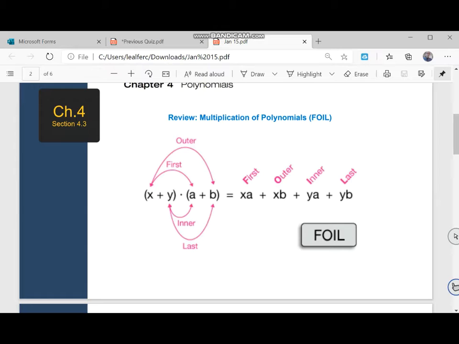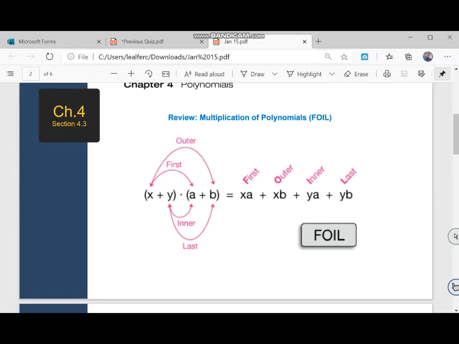Let me know right now if you have anything that you want to ask about the FOIL method. Anything at all. We worked on it and practiced yesterday, and today we have a different thing to work on. We're not going to work on the FOIL method today. Yes, if you look at the quiz, you're going to say, but I can work using the FOIL method.